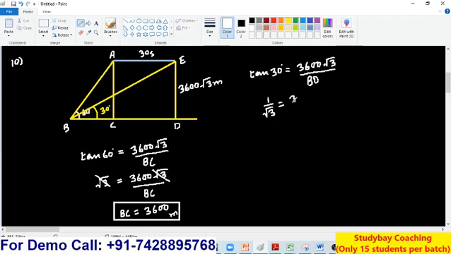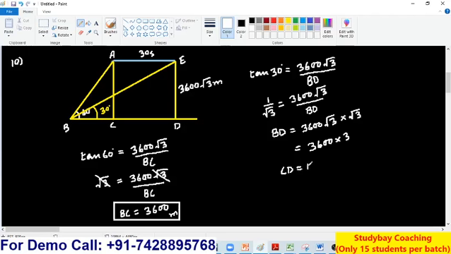So this is equal to 3600 root 3 upon BD. Alright. And so BD will be equal to 3600 root 3 multiplied by root 3, and this will be equal to 3600 into 3.